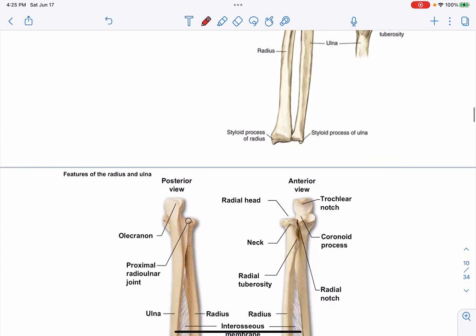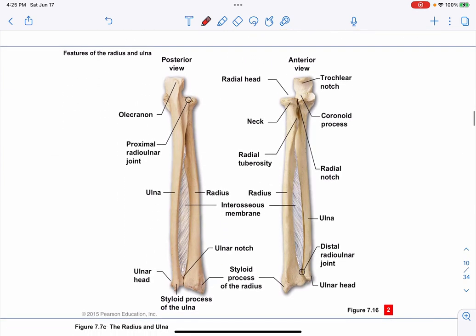All right, so this slide kind of sums up all that I went over, and hopefully that is clear. I also added some images from your textbook of real bone so that you could see these features. I can highlight them here. Here's the trochlear notch. Here's the radial head, the coronoid process. The radial notch we went over, that is where the radial head articulates with the ulna.